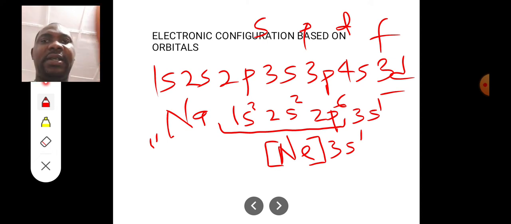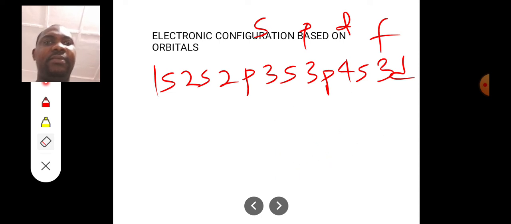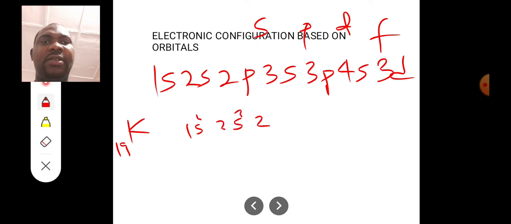Let's see another example. Let's say we have potassium. Potassium is 19. So that will be 1s2, that's 2. After 1s2, you have 2s2. You have 2p6, that's 10 altogether.